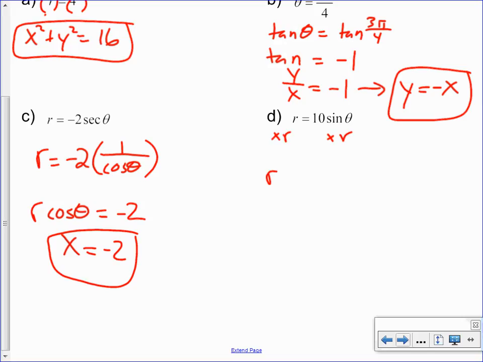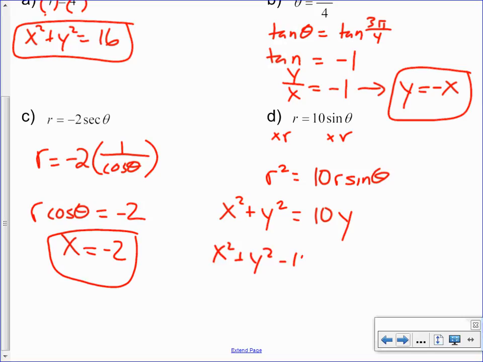You end up with r squared equals 10 r sine theta. Whoa! r squared is x squared plus y squared, and r sine theta is y. Set it equal to 0 and you're done. x squared plus y squared minus 10y equals 0. Make this a polar picture?